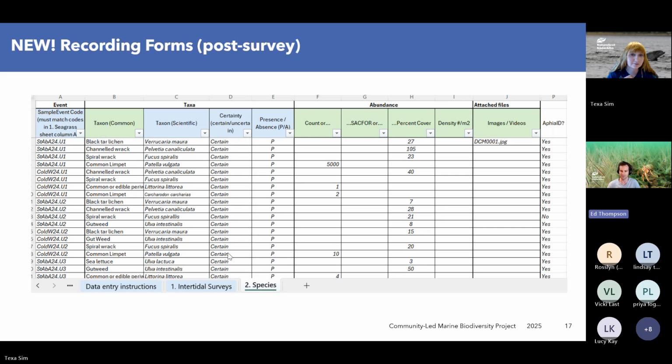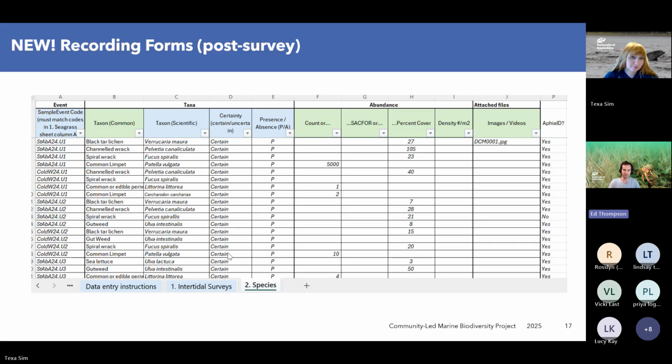AFIR ID is effectively a numerical key which is attached to every single scientific taxon. Of course, that means that it doesn't understand common names. It doesn't even understand the scientific name. So there's a lookup table in the background that's trying to translate between the scientific name that you've entered in column C and the AFIR ID.